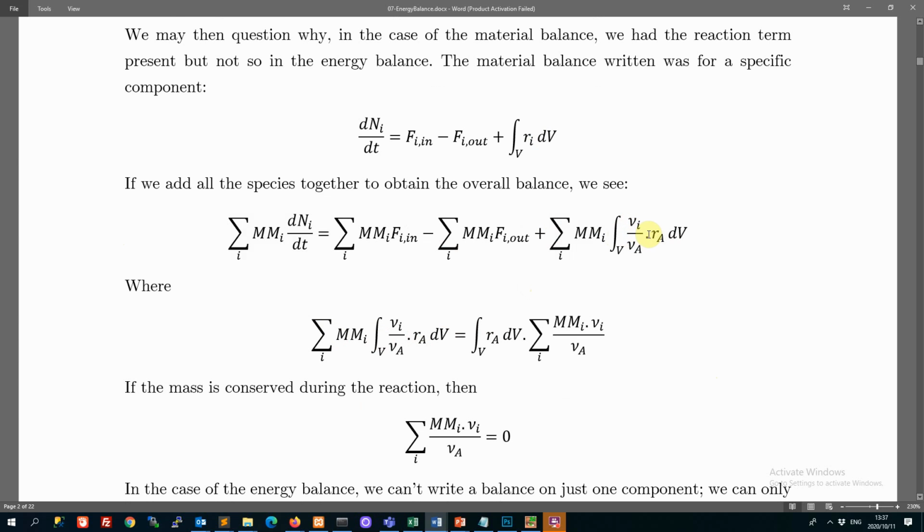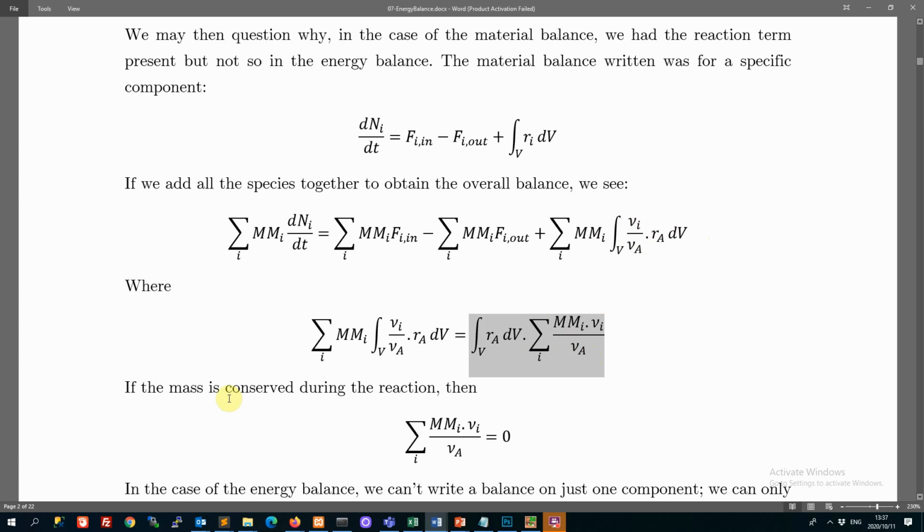So we could remove this ratio as being the only part of this which is a function of I. And now, of course, these are stoichiometric constants. They are not varying with volume. So this is a constant of integration. So we can pull that out and we can rewrite it like so. Okay, so now we've got the sum of MM_i nu_i over nu_A.